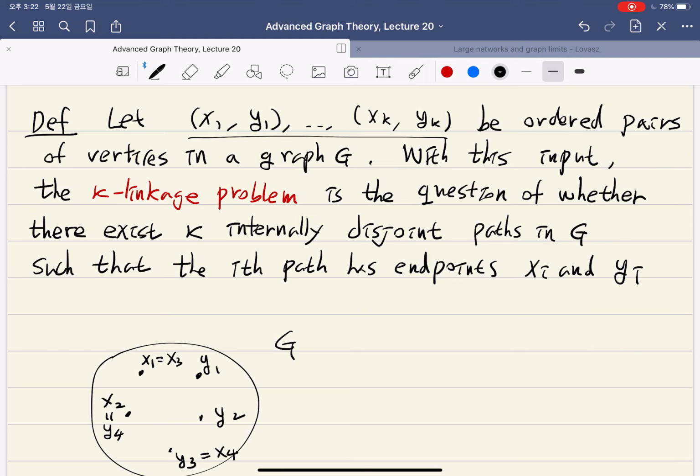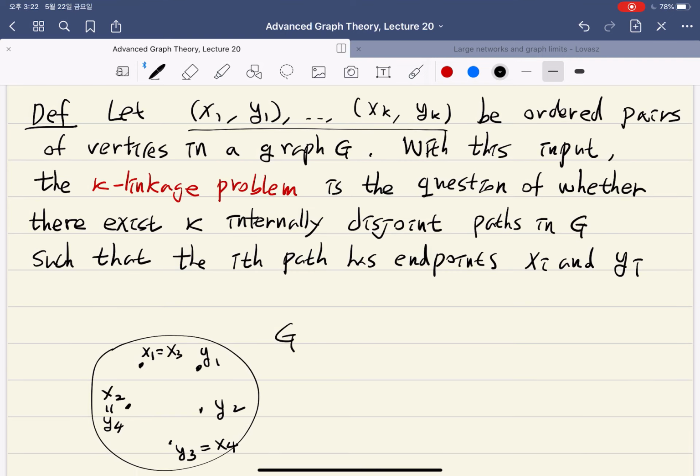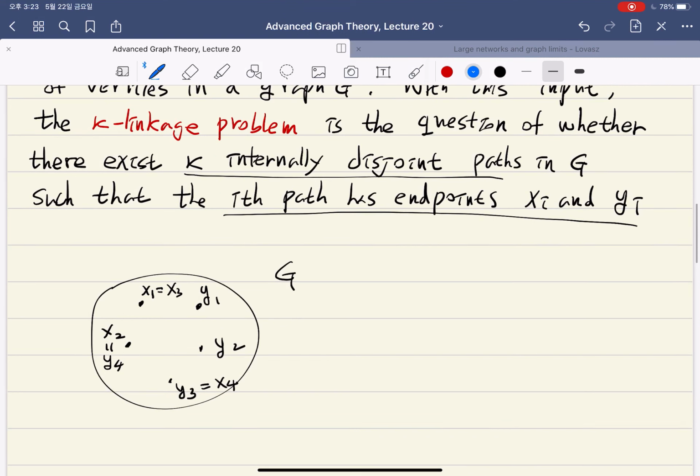And in the K-linkage problem, it's asking whether there exist K internally disjoint paths such that the ith path has endpoints xi and yi. So for example, what we want to find is one path connecting x1 to y1 and x2 to y2 and x3 to y3 so that it's internally disjoint.